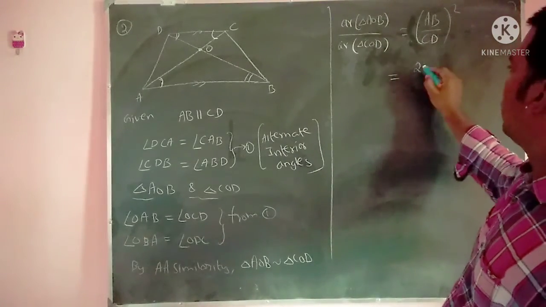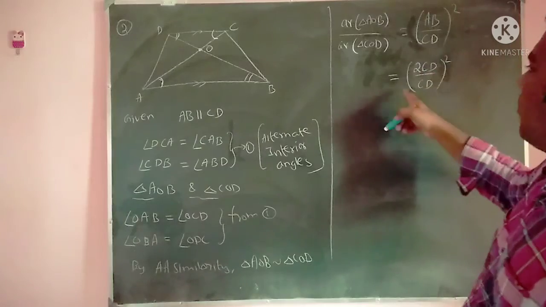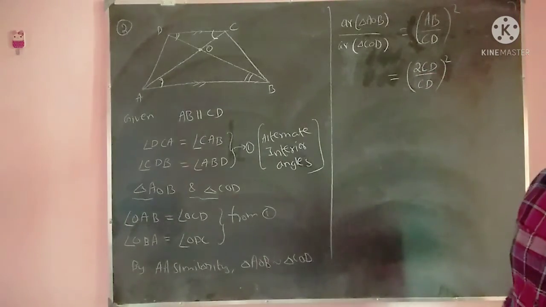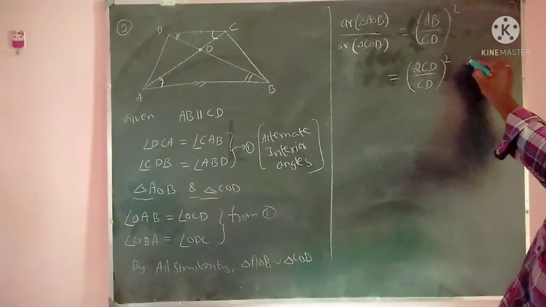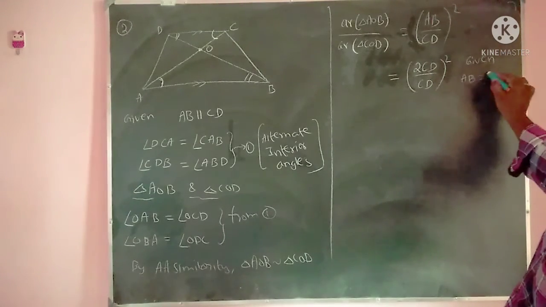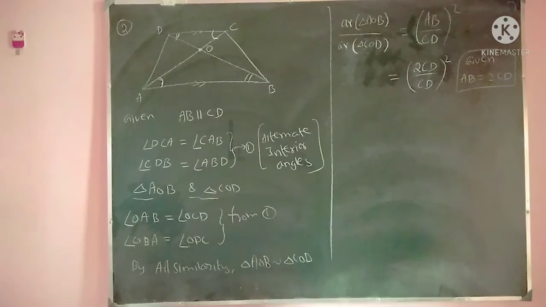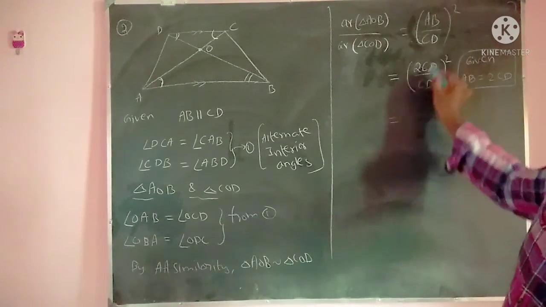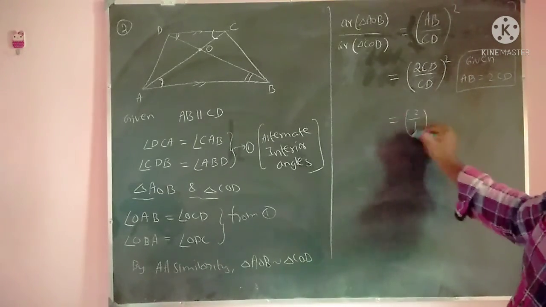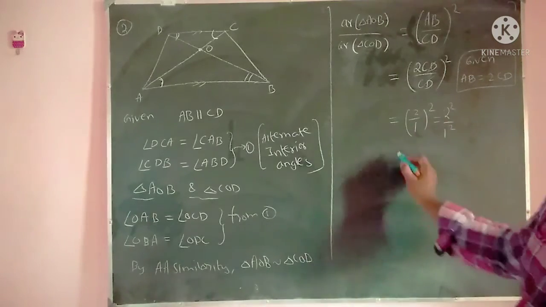In the given data itself, AB is equal to 2 times CD, so we replace it: 2 CD by CD, that is 2 by 1 whole square, equal to 2 square by 1 square.